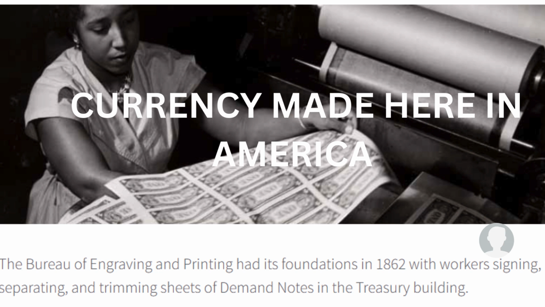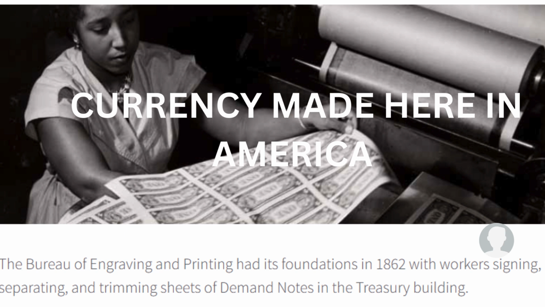Bonding. The bills are then bonded into stacks, typically containing 100 notes. Distribution. The bundles are sent to the Federal Reserve banks nationwide. The Federal Reserve distributes the currency to commercial banks and other financial institutions.